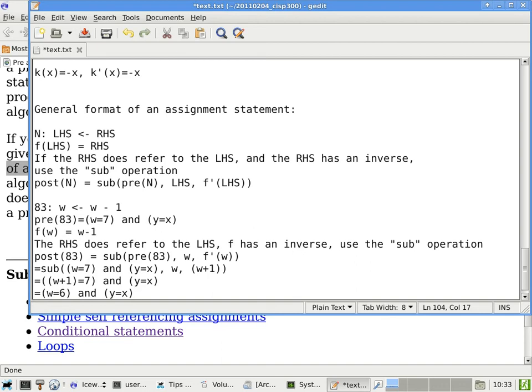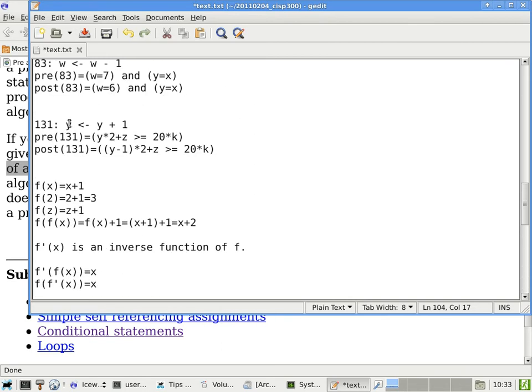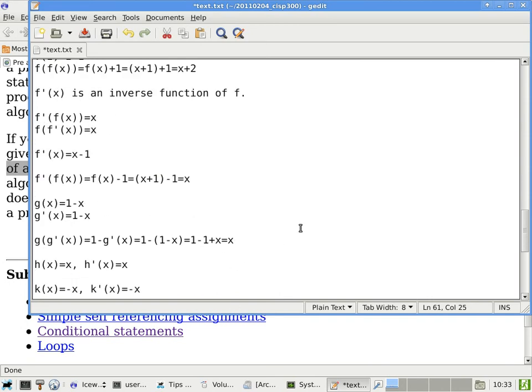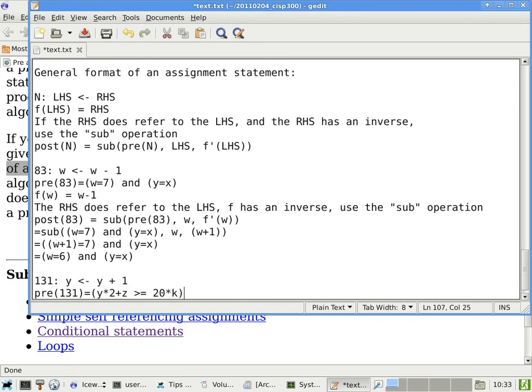Well, we do exactly the same thing. Exactly. So we take the more difficult case here, which is this one here. It looks kind of nasty, long and complicated, but when we use the rules, it is just the same.